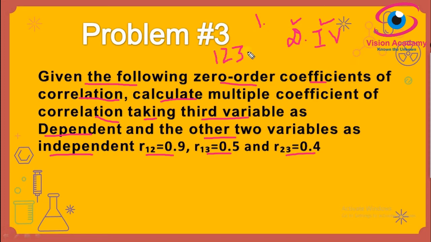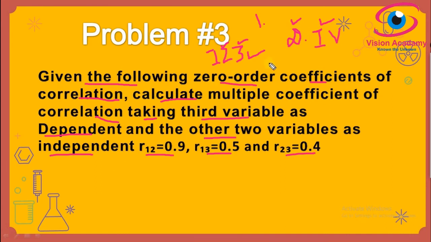So as I told you already, we have three variables called 1, 2, 3. Mathematically we can express them as 1, 2, 3. They have given a clue here: calculate the multiple coefficient of correlation taking the third variable as the dependent variable. So here, first variable 1, 2 and 3, the third variable as dependent variable.